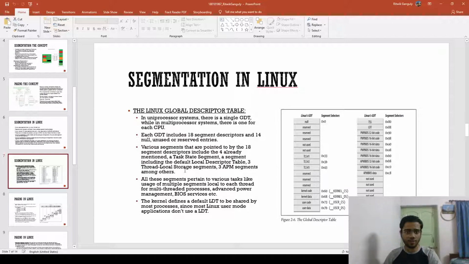There are three thread local storage segments and three advanced power management segments, which handle basically the power systems, the BIOS services, and the multi-threaded processes, like the usage of multiple segments for multi-threaded processes and so on. Since most Linux user mode applications don't use an LDT, the kernel defines a default LDT, and that is shared between various processes as well.